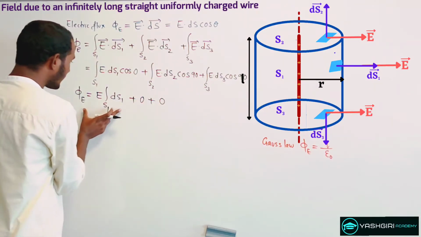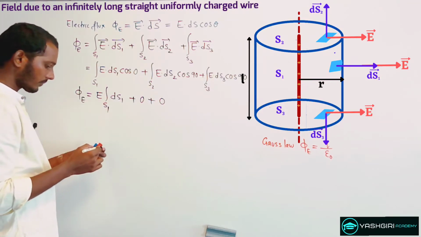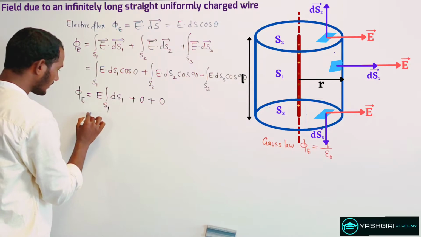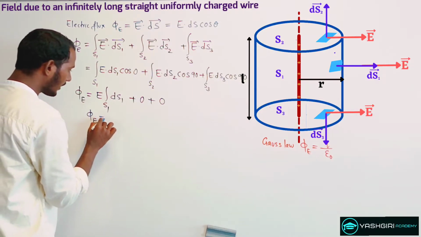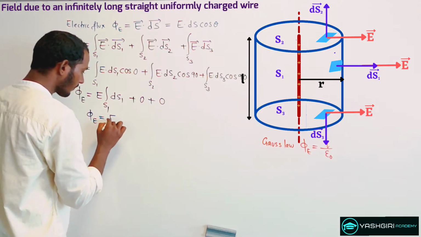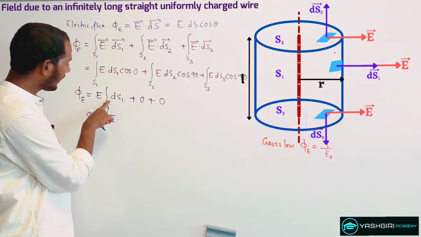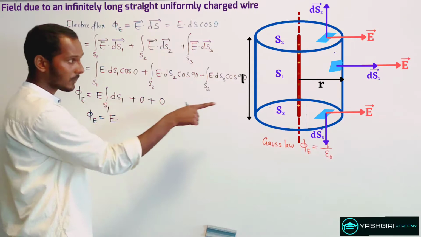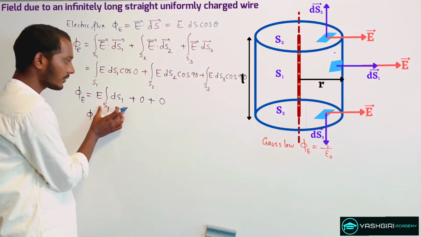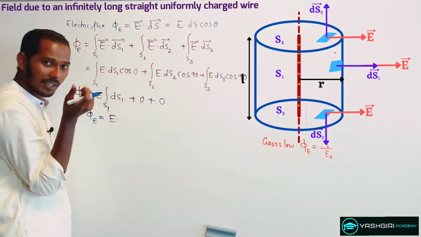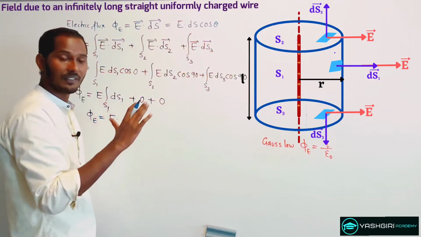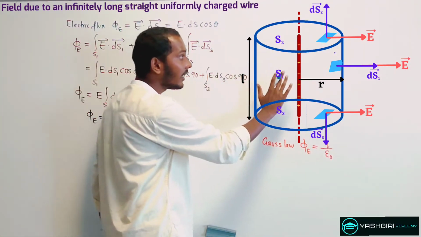So what you are left with is this expression: phi of E is equal to E times the integral over S1 of dS1, along the surface area element S1. This is a very small planar area element of this curved surface, and we are interested in the flux through the entire curved surface.